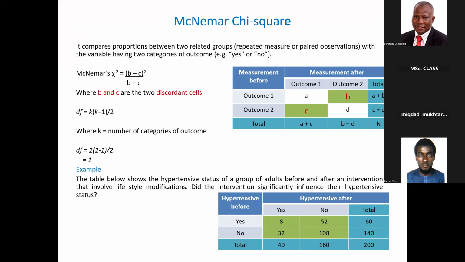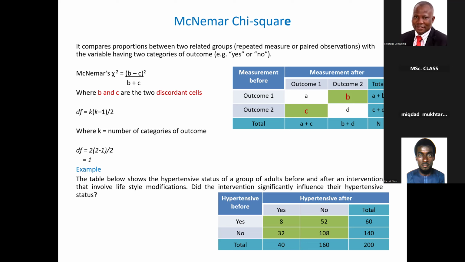When I say two related groups, a group in statistics is not actually a group of persons, it's a group of data. When two groups of data are from the same persons, they are two related groups, or dependent groups, or repeated or paired groups.